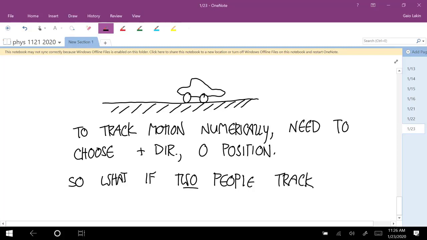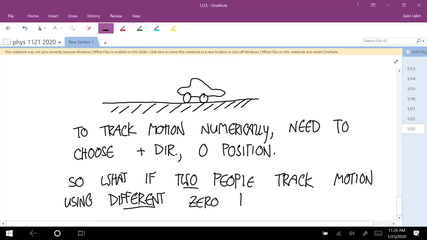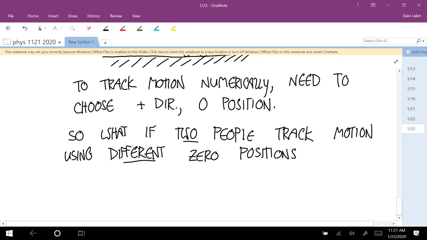People track the motion using different zero positions. Although it's important to recognize that for this stuff, the positive directions have to be the same.